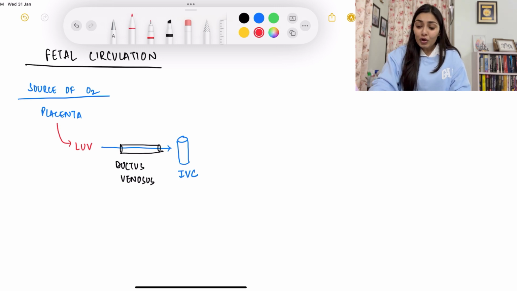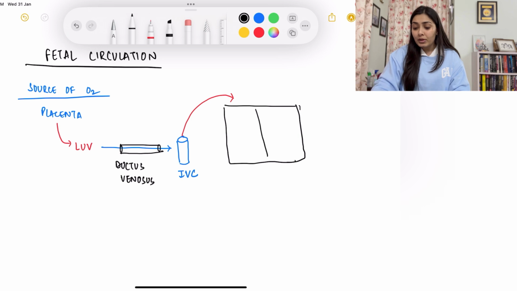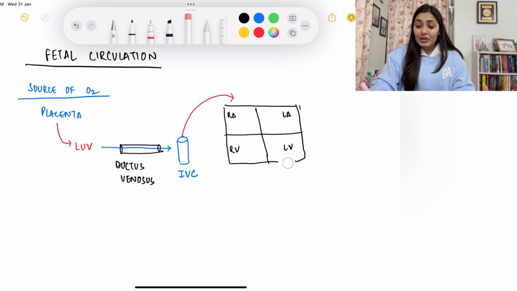Now this oxygenated blood from the IVC will reach the heart. The heart, we all know, has 4 chambers: right atrium, right ventricle, left atrium, left ventricle. So this oxygenated blood from the IVC reaches the right atrium. Now I know that my entire body is supplied by the aorta, which is derived from the left side of the heart.